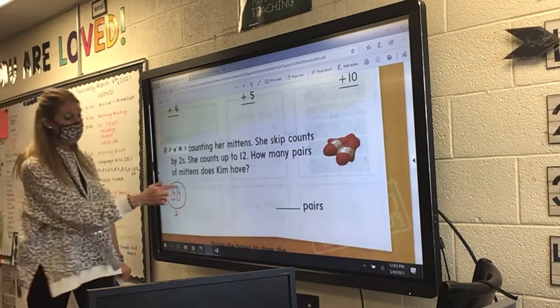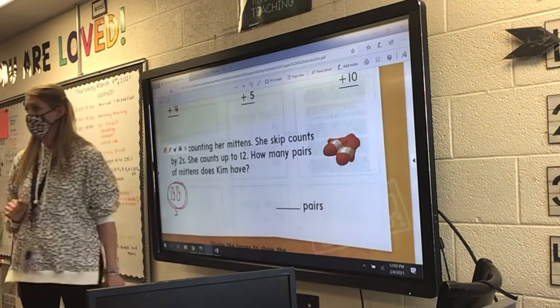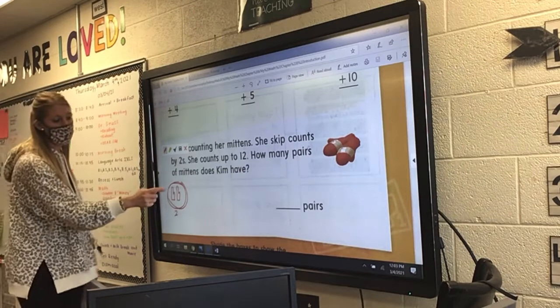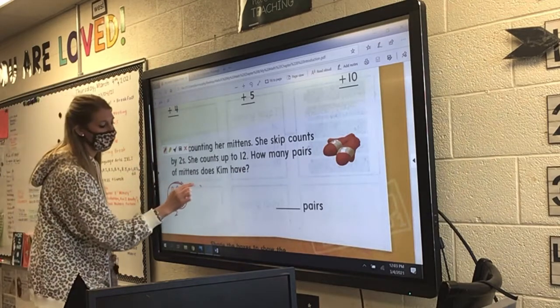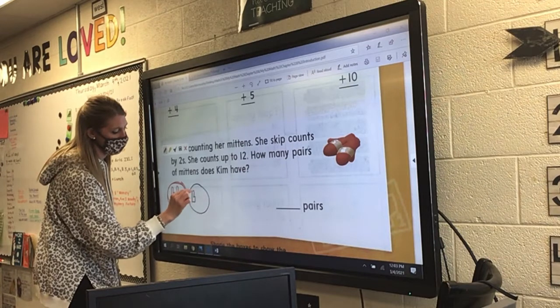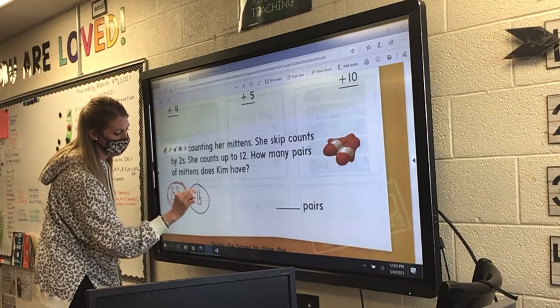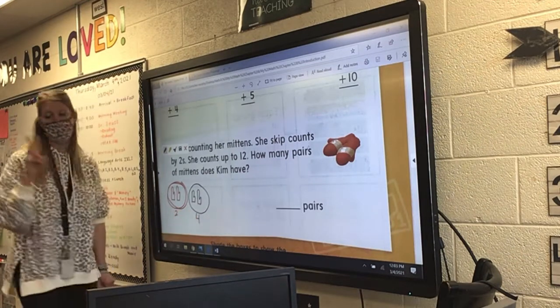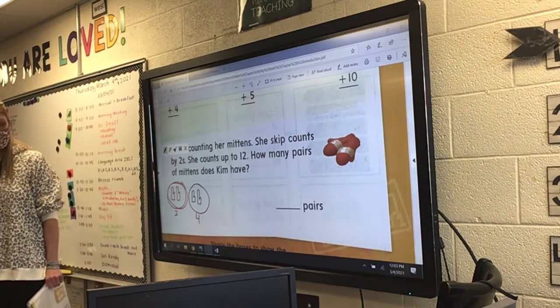So this is 1 pair. I want to get up to 12 mittens. So this is 1, 2 mittens. I'm going to do another group with mittens. So now I have 4 mittens. So I have 2 groups.